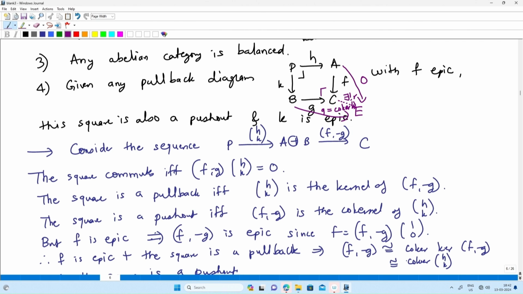Rg is equal to Q and Rf is equal to 0. But F is an epimorphism, so therefore R is equal to 0. These two things together imply that Q equals 0, which means K is indeed an epimorphism.